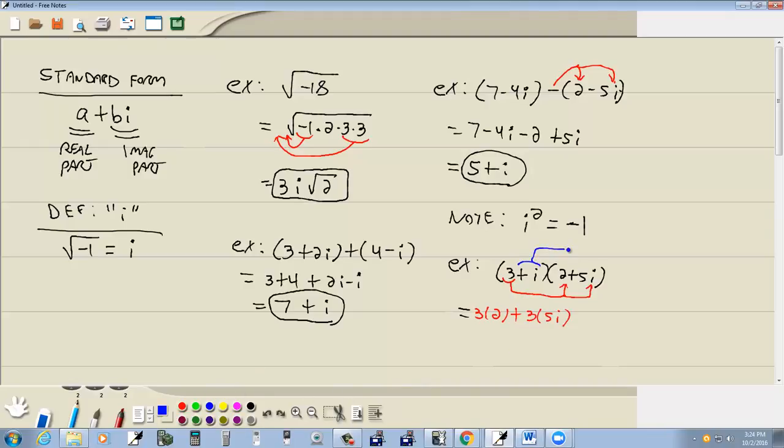And here we'll take the i, multiply it times the 2, and times the 5i. So I have i times 2, and I have i times 5i. Three times 2 is 6. 3 times 5i is 15i. i times 2 is 2i. And i times 5i gives us 5i squared.